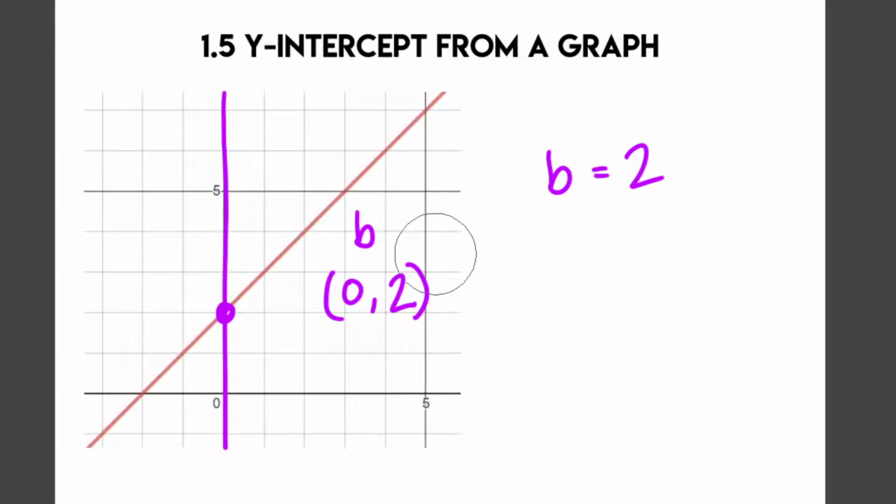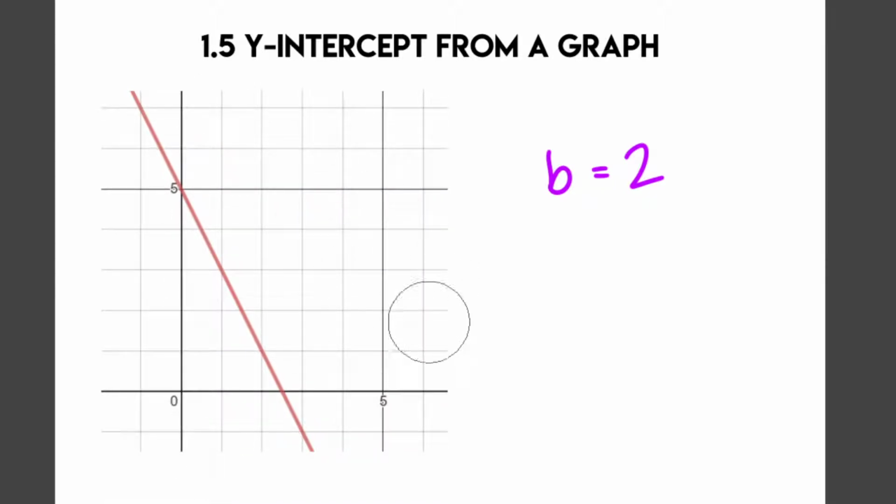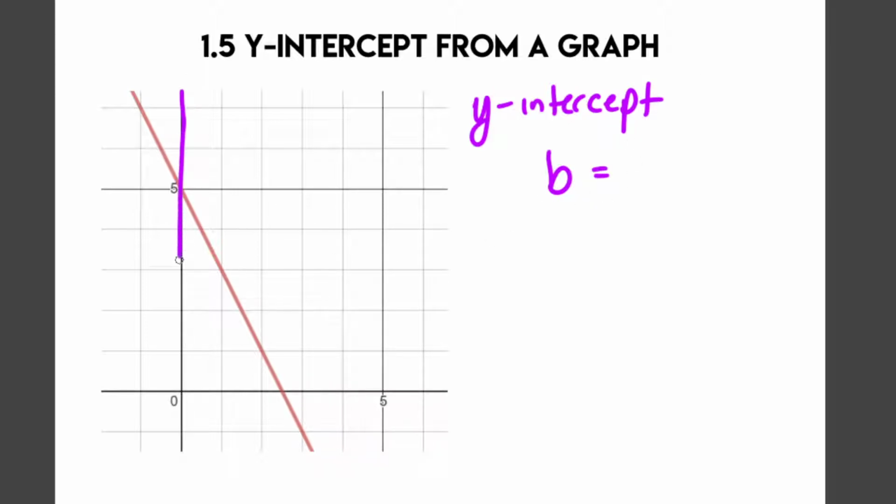Let's take a look at another example here. And erase all this, and this, and this. Okay. So this time, we don't know if b is equal to 2. We'll have to take a look. Once again, we got to find out what our y-intercept is. I'll even write that over here one more time. Y-intercept. Our b value. Once again, we are looking at our y-axis, which is right here.